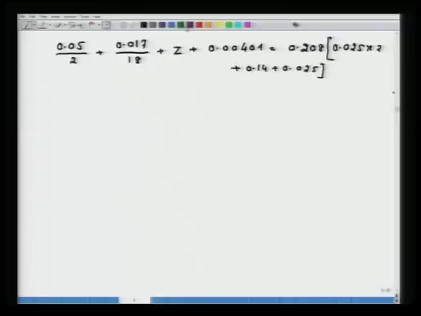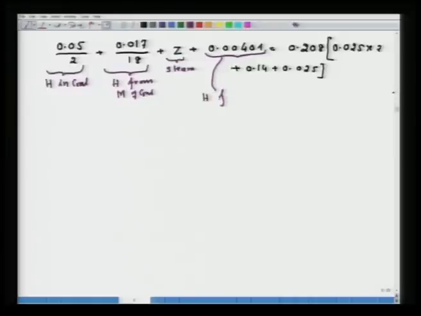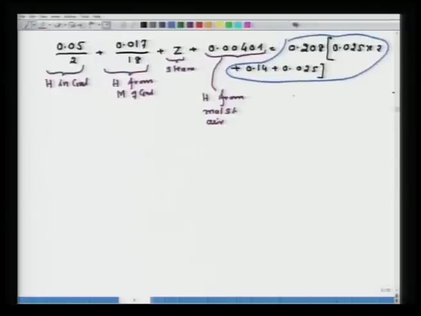For your orientation, what I am doing: this amount is H in coal, this amount is H from moisture of coal, M stands for moisture, Z we assumed is steam, and this amount is H from moist air, and this amount is H in producer gas, including moisture, or steam or H2O, whatever you like to call.